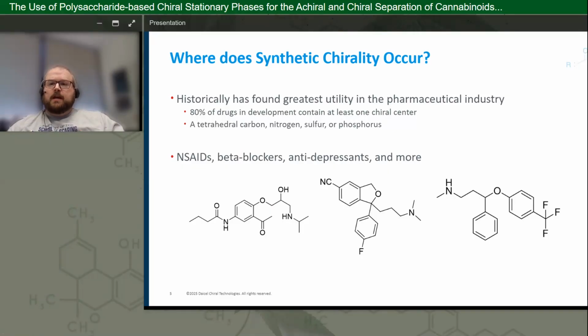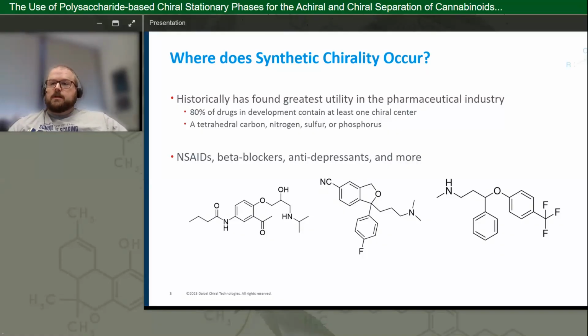Basically, imagine an atom, carbon, nitrogen, sulfur, or phosphorus, that has 4 different things attached to it. And if you have that, then geometrically, those 4 things can be oriented around that chiral center differently, in such a way that they are mirror images of each other that are non-superimposable, and again, interact with the body differently.